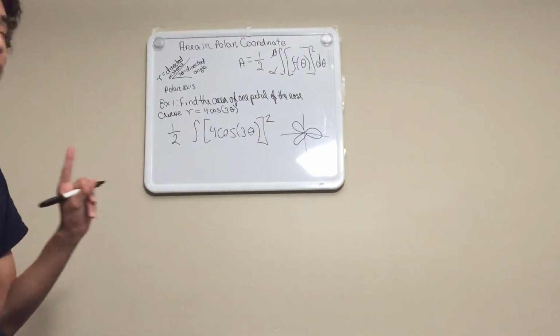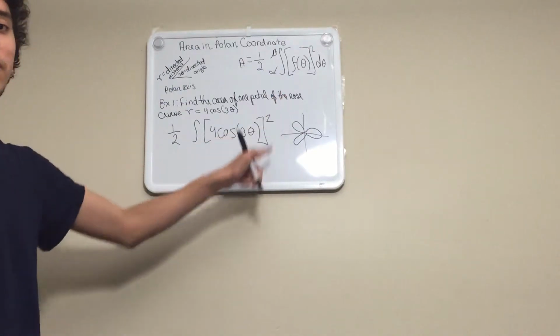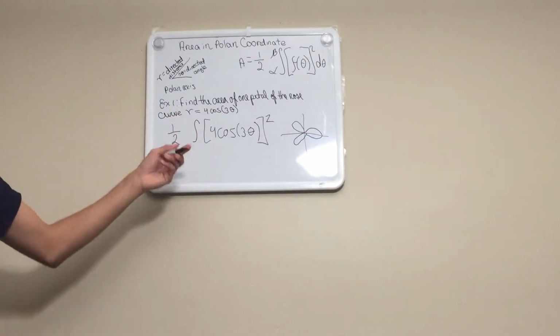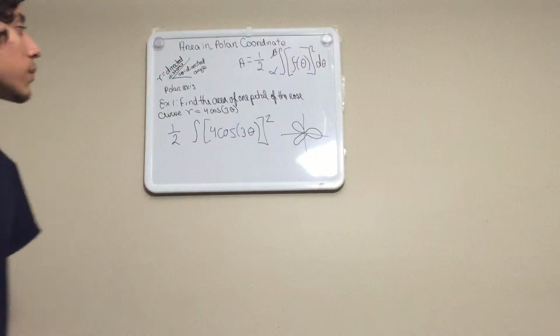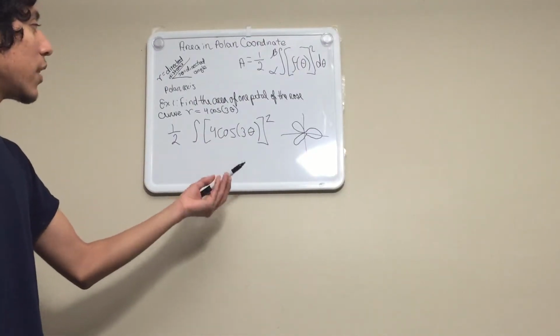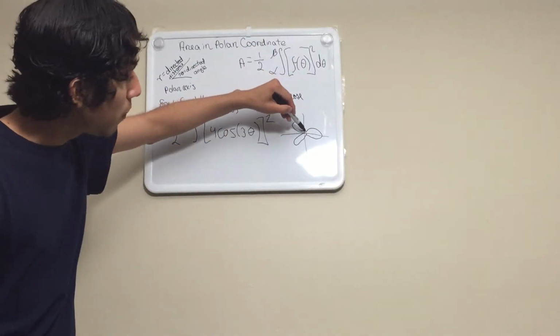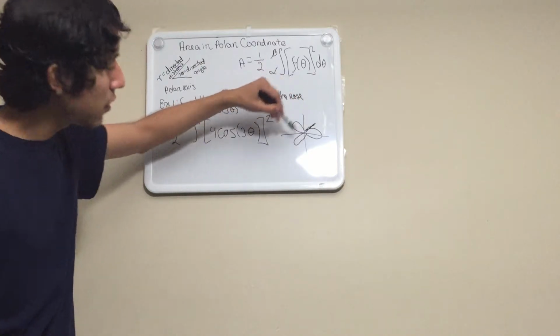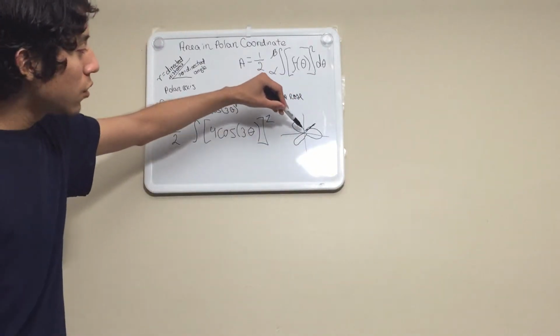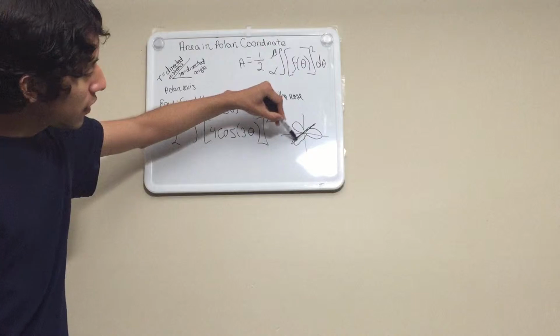But we also have to know where it's bounded, so we can integrate it, because we have to find the intervals. The interval we already know is from pi over 6 to negative pi over 6.